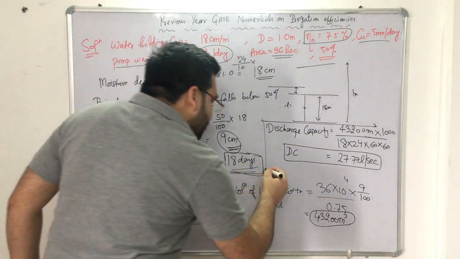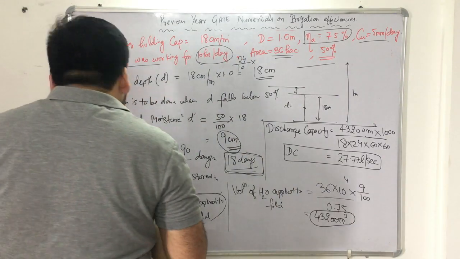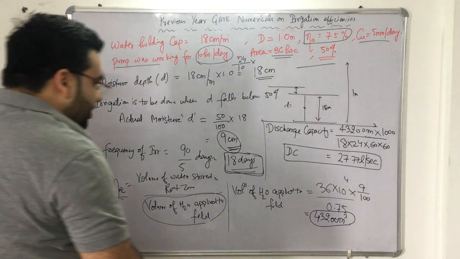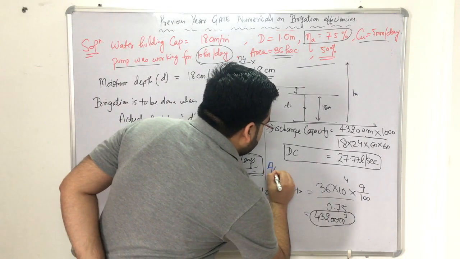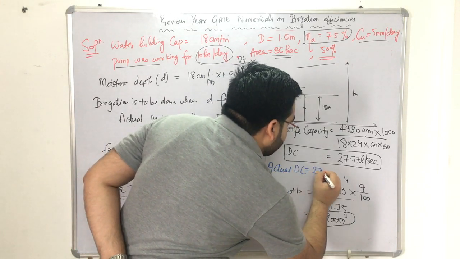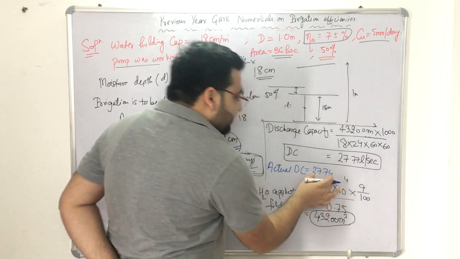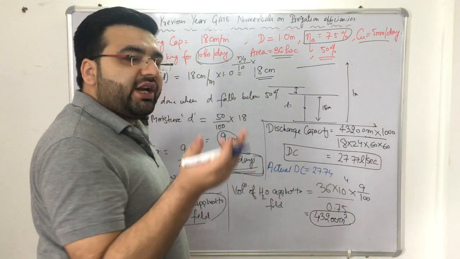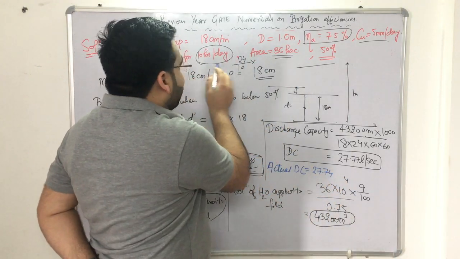So we have to multiply this with 2.4 to fulfill our demand. Right? So now the actual discharge capacity, let me use another marker so that you don't get confused. Actual discharge capacity is equal to 27.74, but this was okay when the pump was working for 24 hours, but it's just working for 10 hours, right?